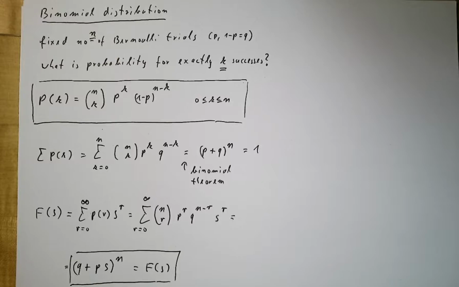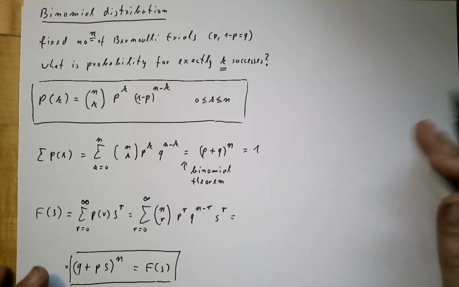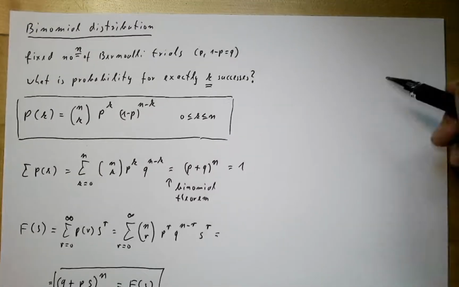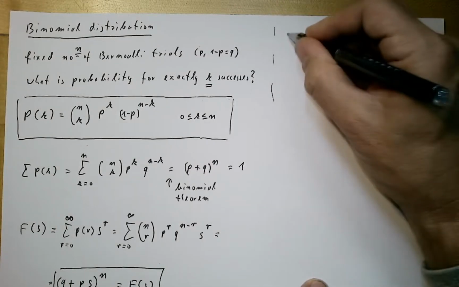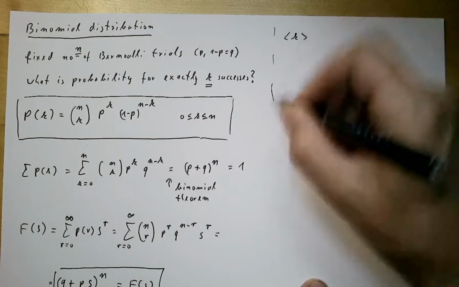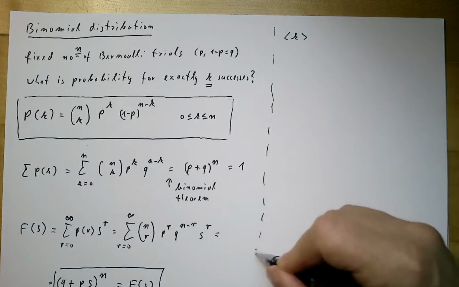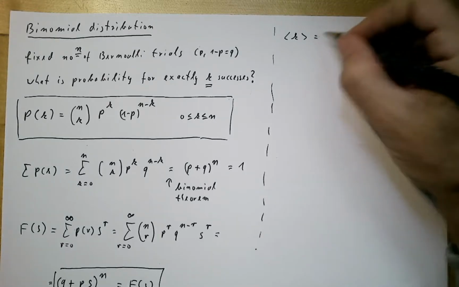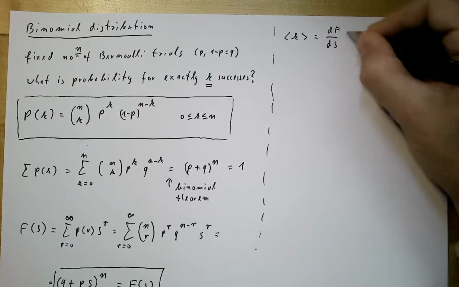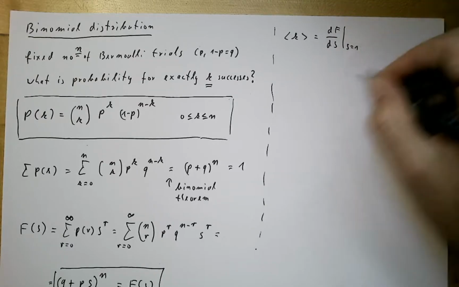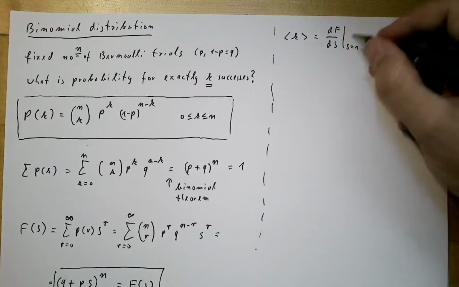So this is one example where you can use these theorems for generating functions and, like magic, directly write down the generating function. Once we have the generating function, we can directly calculate all our moments. So let's do this. First, what's the expectation value? We need to calculate the derivative at s equal 1.